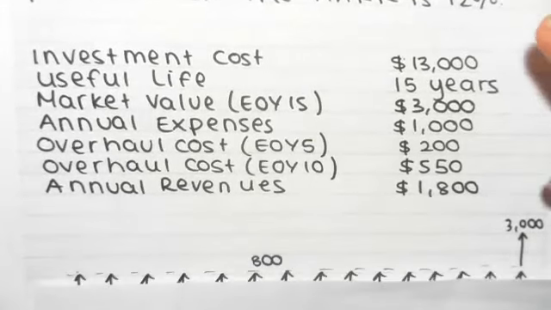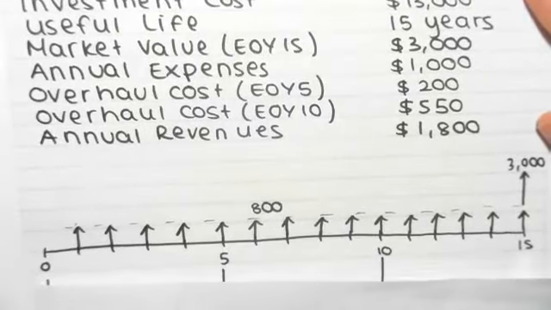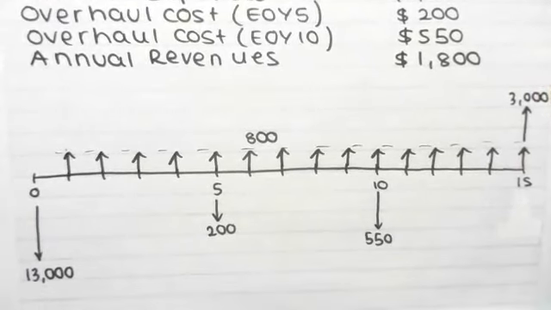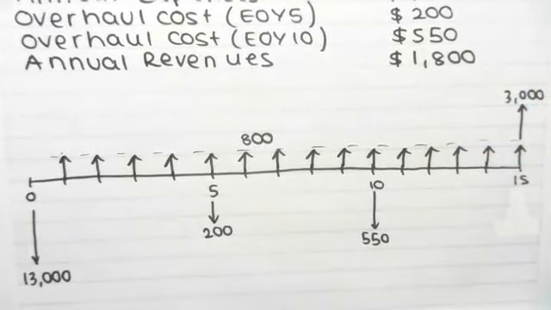What I find easier to do is sometimes just to draw up a cash flow diagram, and then we can clearly see some of the relationships between the cash flows and check off what we've done each time.